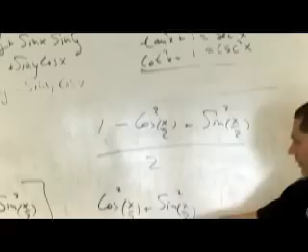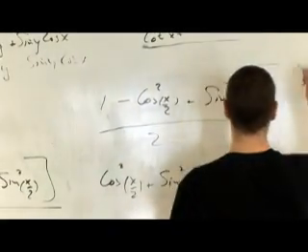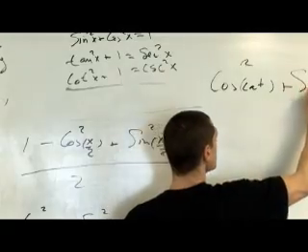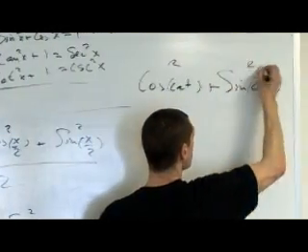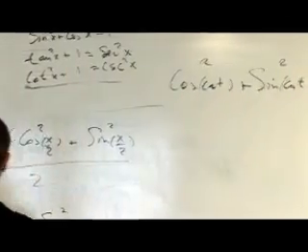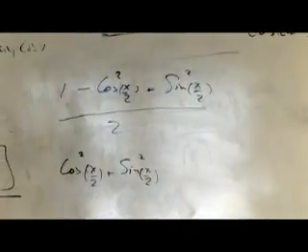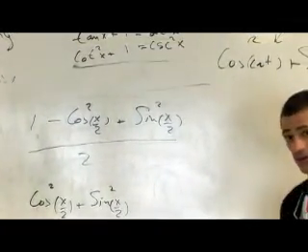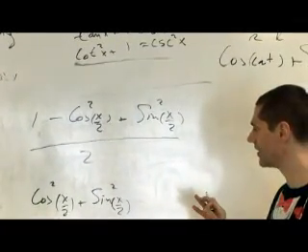It doesn't matter what's in here. This is a little dumb, but cosine cat squared plus sine cat squared equals 1. It's that abstract. As long as what's in here is the same, you can say that this is equal to 1. And I could make some interesting definitions for the cat angle, but it really is that straightforward.